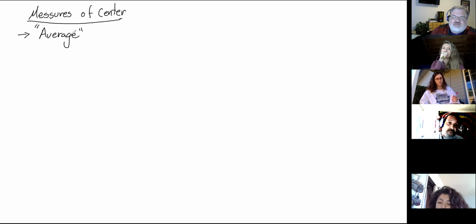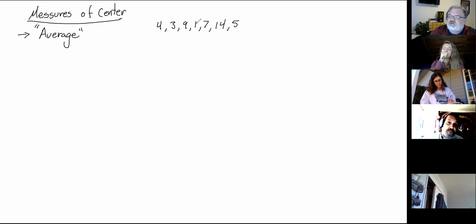The problem with the word average is that there are several different kinds of average. For example, if I give us some data here, say 4, 3, 9, 1, 7, and 14, and one more, how about 5?